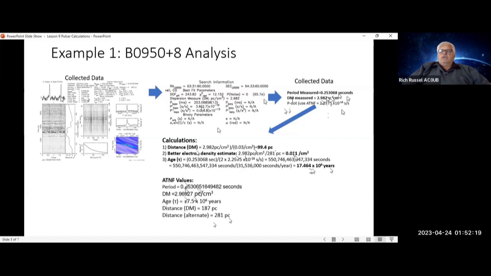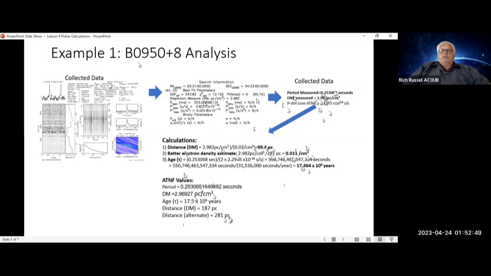Our collected dispersion measure divided by 281 parsecs gives the better electron density. If you plug that number back in here, you will get the 281 parsecs. This tells me that the column of electrons between Earth and the pulsar is a lot less dense than the average.